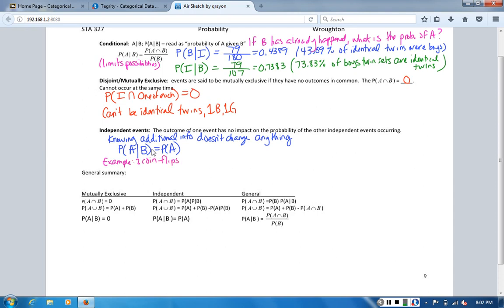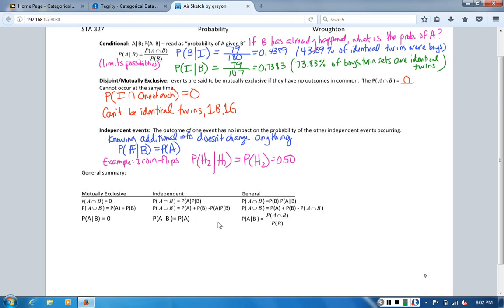And I ask you to find the probability that there's a heads on the second flip, given that the first flip was heads. Does what happened on the first flip affect the second flip at all? No, they're independent events. This is really just the probability of being a heads on the second flip, which is 50%. So knowing the one thing does not impact the other at all.